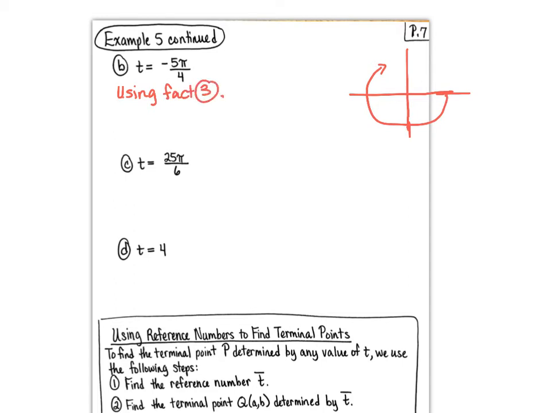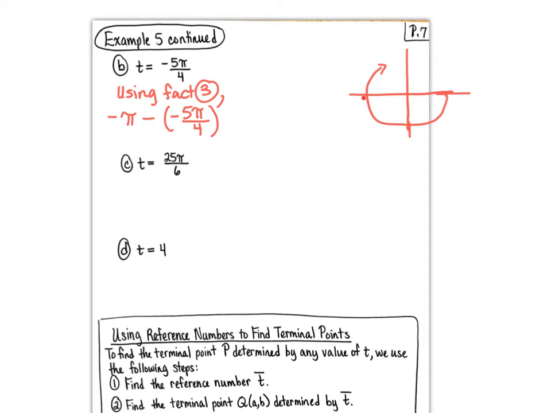we have that this would be negative pi minus negative 5 pi over 4. Okay, right? You go to negative pi, and then you have to subtract 5 pi over 4. Okay?